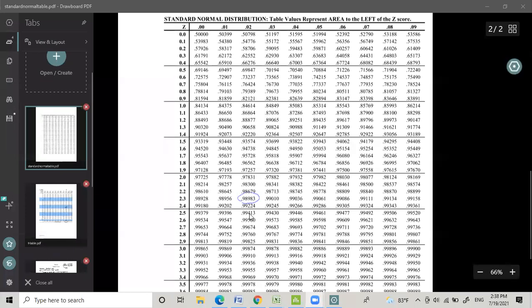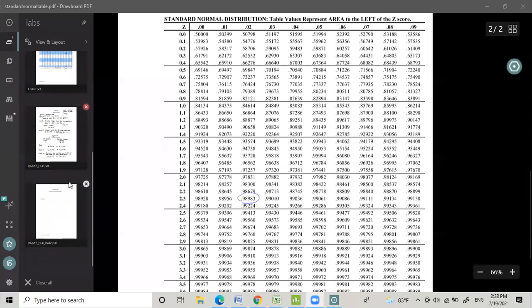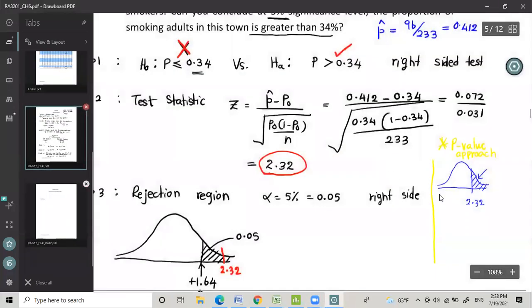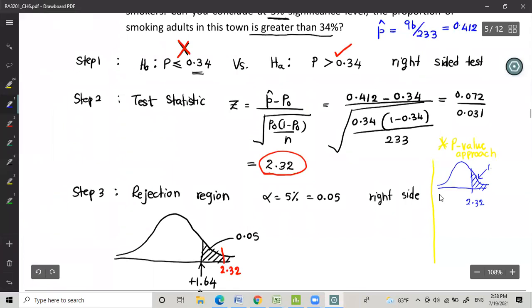Okay, so you got the probability to the left tail of your z-score, right, which is 0.98983. But what is your p-value? It is the right tail, right? Your right tail is 1 minus 0.98983.